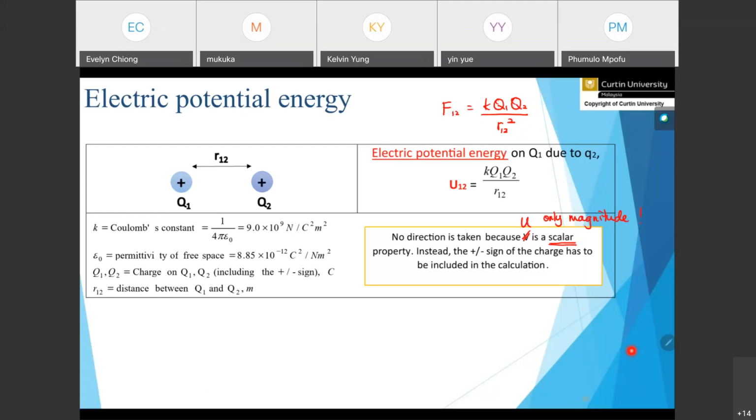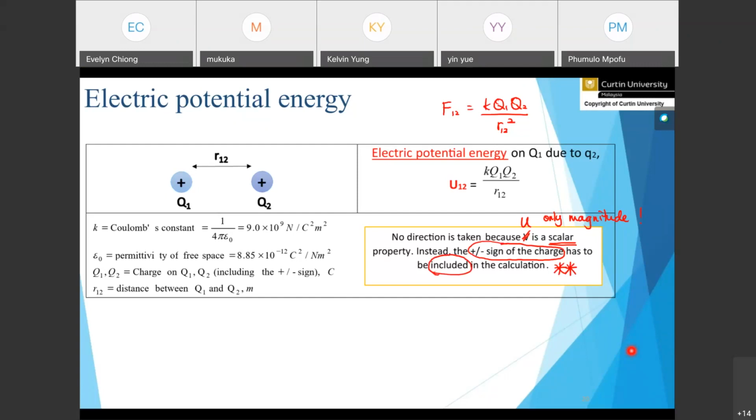Okay. So when it is only magnitude, then when you calculate, the sign is important and has to be included. Just now we said for force and electric field, we don't want to include the positive and the negative sign of the charge in our calculation for E or F first.